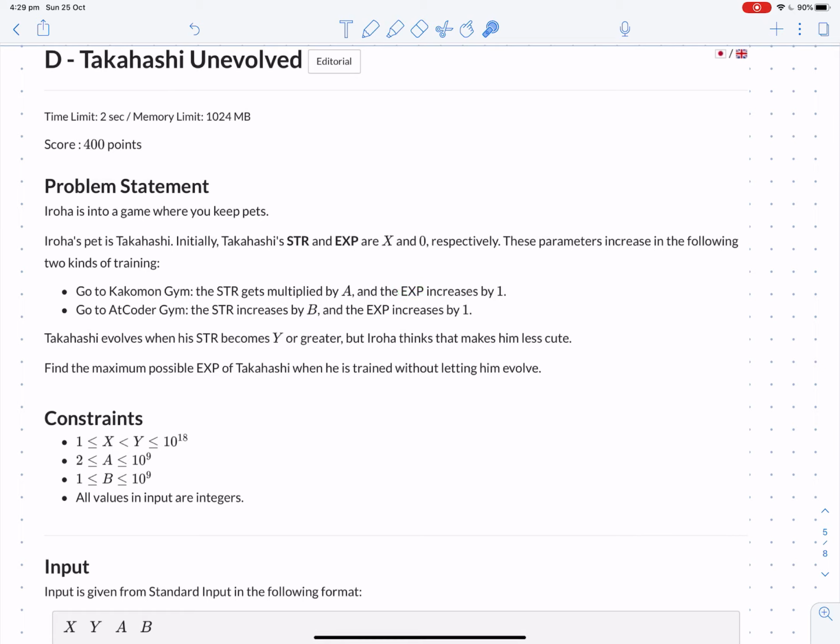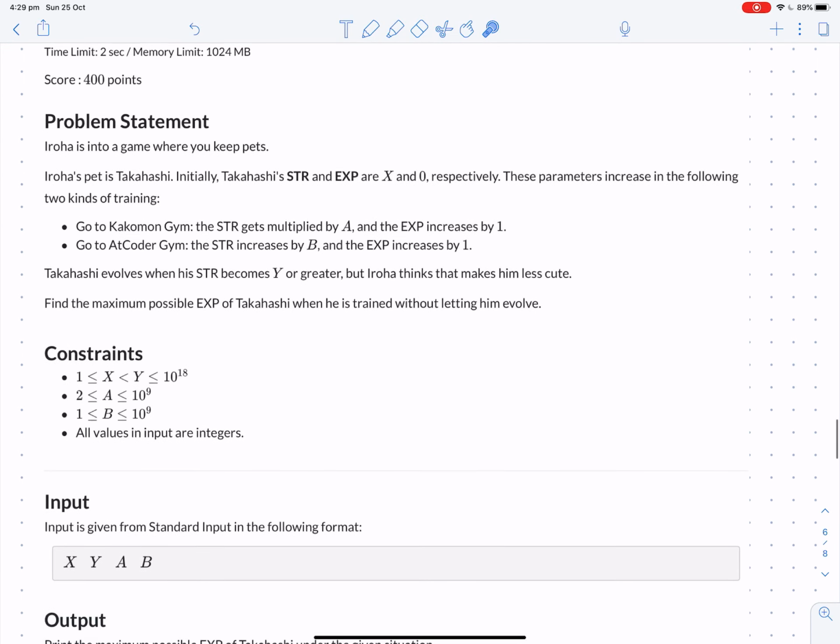The choice is, if you go to the gym, you multiply it by one number or you add another number. Takahashi evolves when his strength becomes Y or greater, but Iroha thinks that makes him look less cute. So find the maximum possible EXP when he is trained without letting him evolve.